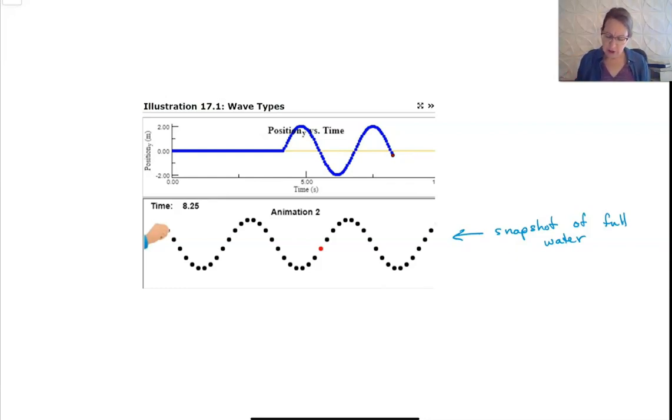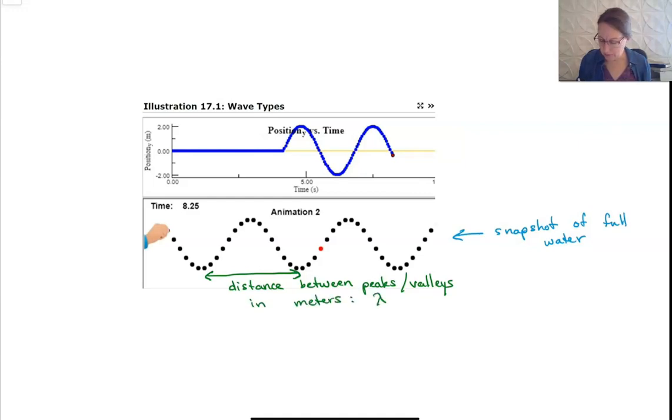The first thing we can do is say the distance between peaks. That would be like this. This is the distance between peaks or valleys, and that's going to be measured in meters. That is the wavelength, and it's given by the Greek letter lambda.